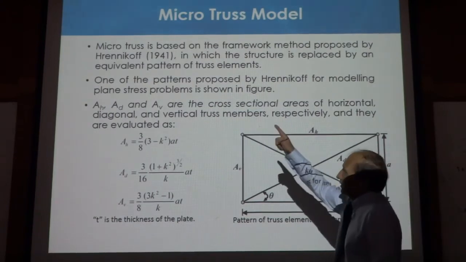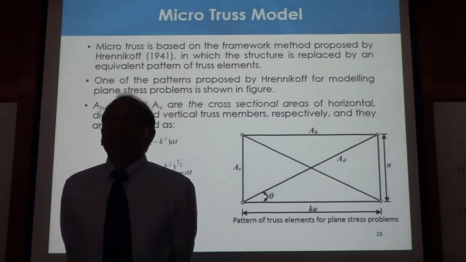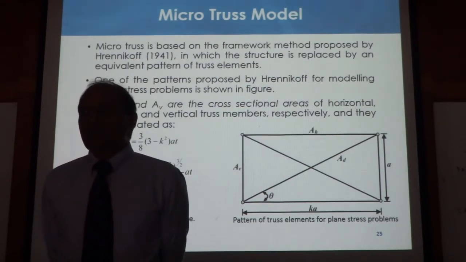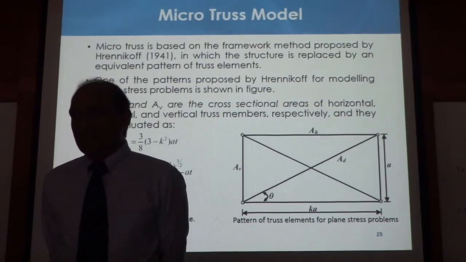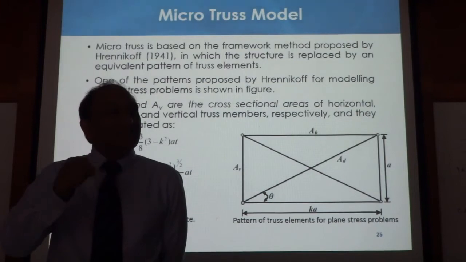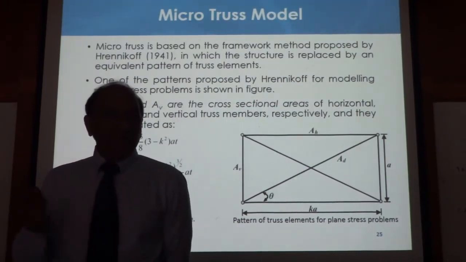This is another paper in 1941, long before this current strut and tie model, in which they talked about micro truss models to understand the concrete behavior at that time. Because by hand, truss is easy to solve, right? Finite elements were not available, things were not available.